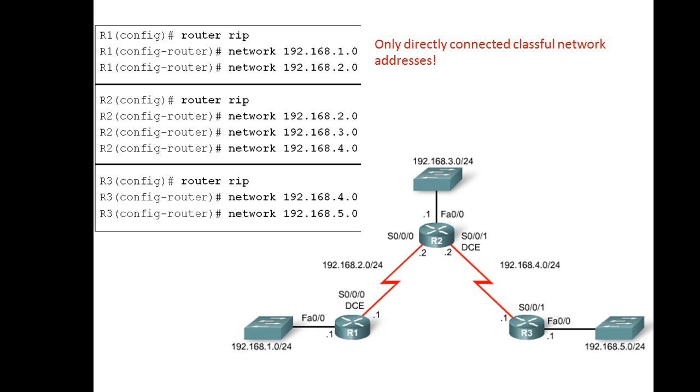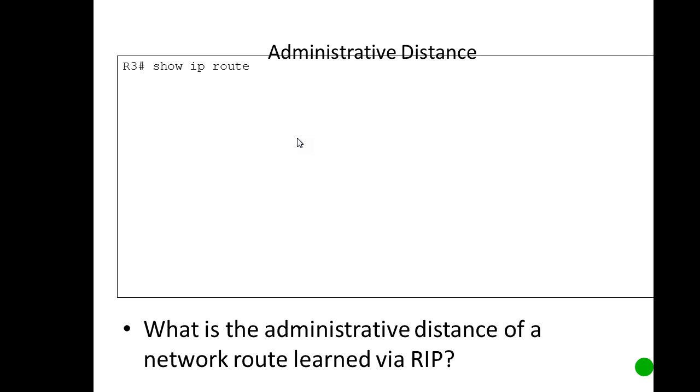So let's look at R2. R2 has 2.0, 3.0, and 4.0 as its directly connected networks. That's why you have to type three network commands.